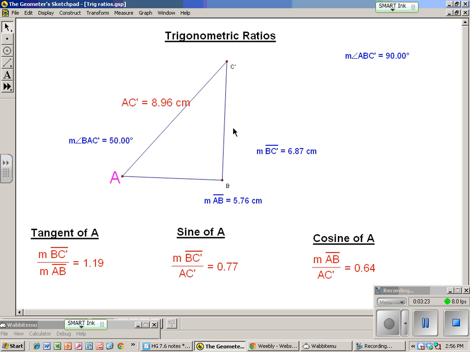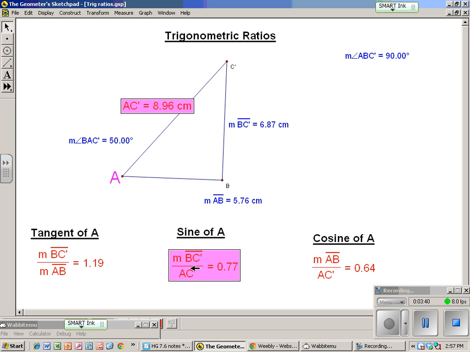Okay, so for the sine of angle A, that sine ratio was the opposite leg. Again, from angle A, side BC is the opposite leg. The sine ratio is the opposite leg divided by the hypotenuse, which is this length. So now we're looking at this ratio right here: the length of BC, the opposite side, divided by the length of the hypotenuse, AC prime.